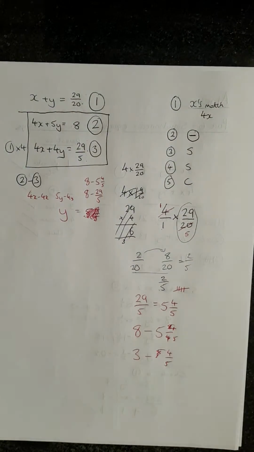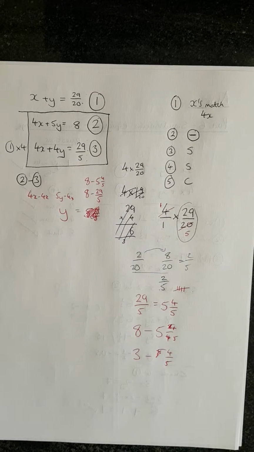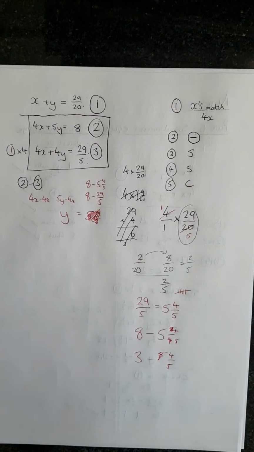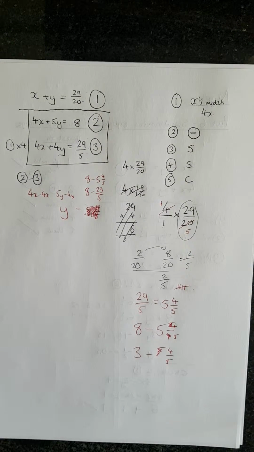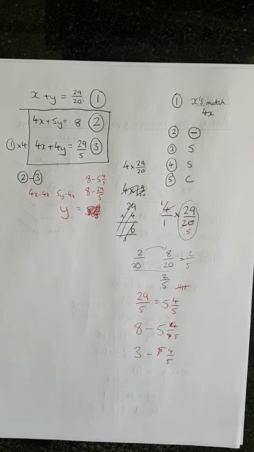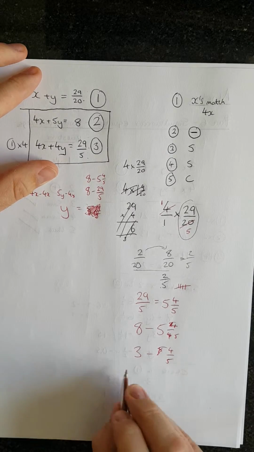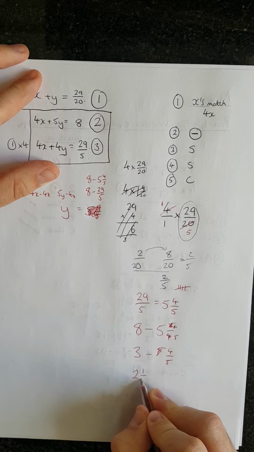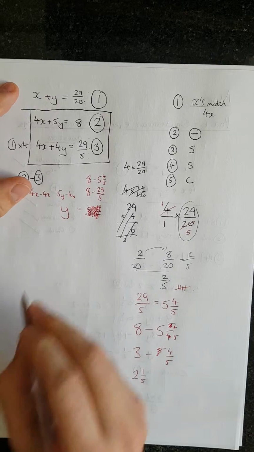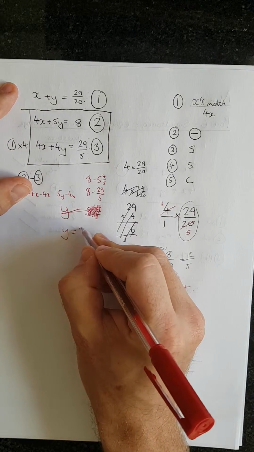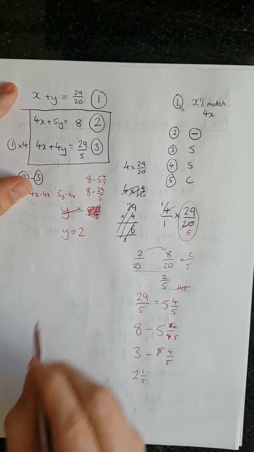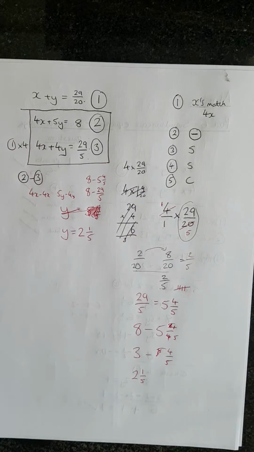It gives me 3, because 8 take away 5, and now I've got to take off the 4/5. You can see from my little error there that everybody will make mistakes on these difficult multi-step questions. So don't worry when you do. So that means cutting one of my whole ones up to take 4/5 out of it. So y is 2 and 1/5.